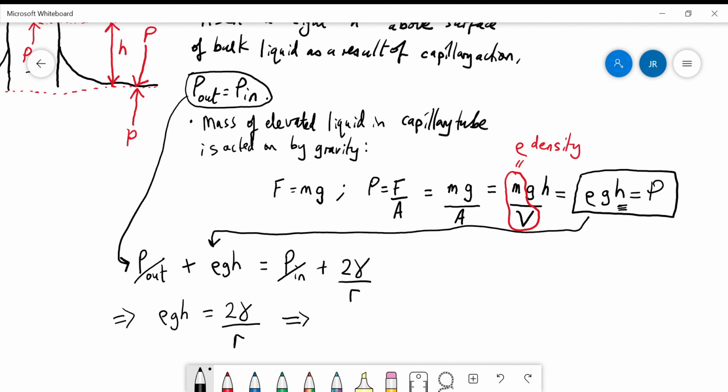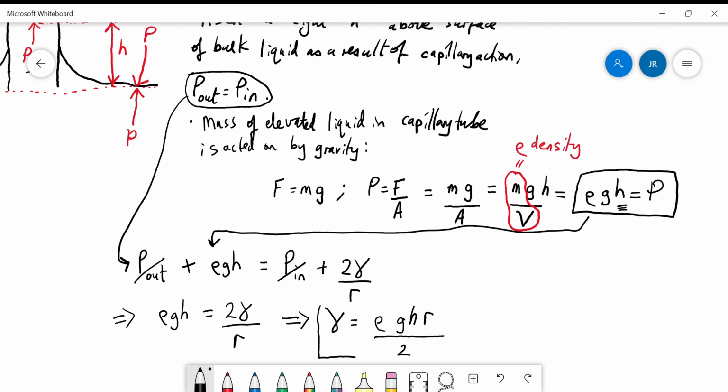The nice thing about this is now I can solve for surface tension if that's what I wanted to do. Surface tension is the density of the liquid, times the gravitational field that the capillary action is happening in, times the height capillary attains, times the radius of the capillary tube, all over the number 2.